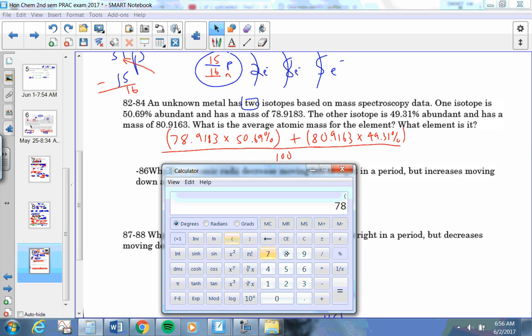Parenthesis 78.9183 times 50.69 end parenthesis plus parenthesis 80.9163 times 49.31 end parenthesis. Now I should be able to divide by 100 and I should get a weird number.